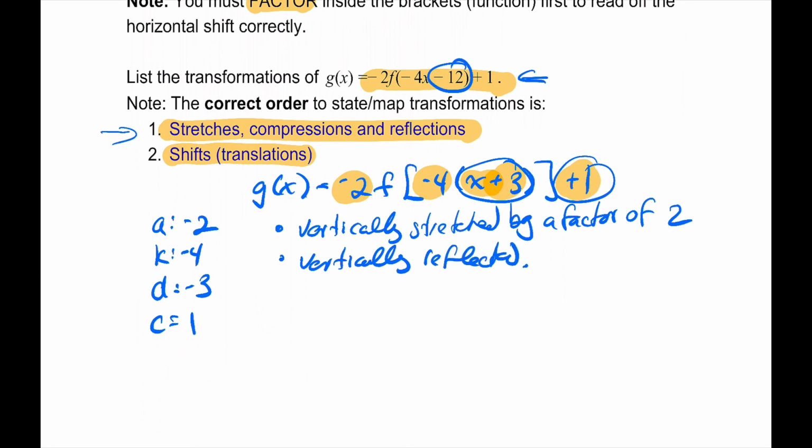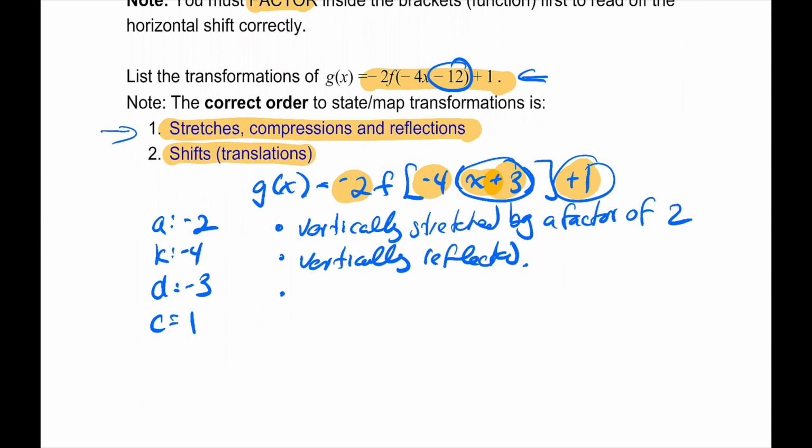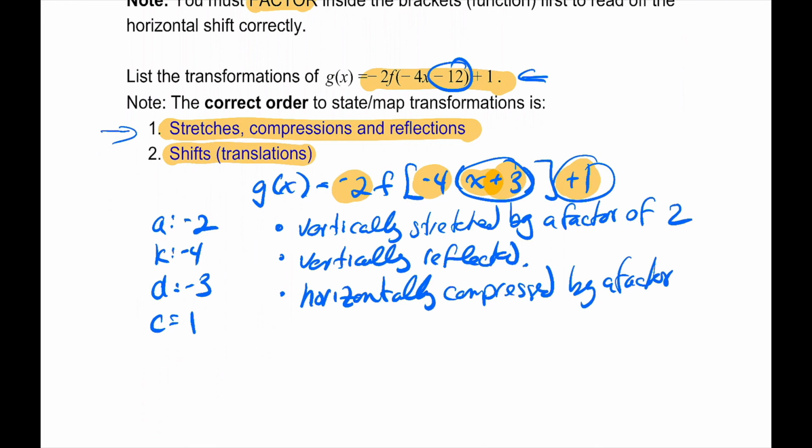Then we look at our k value. Since the absolute value here of k is 4, which is greater than 1, this is actually horizontally compressed by a factor of, so again, for horizontal stretch and compression it is 1 over k, or the reciprocal of k, but the absolute value of that, so this is going to be by a quarter.